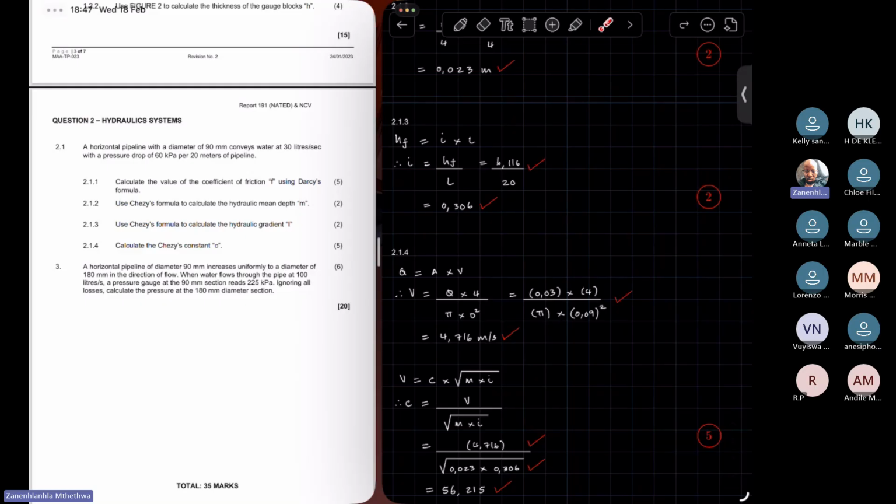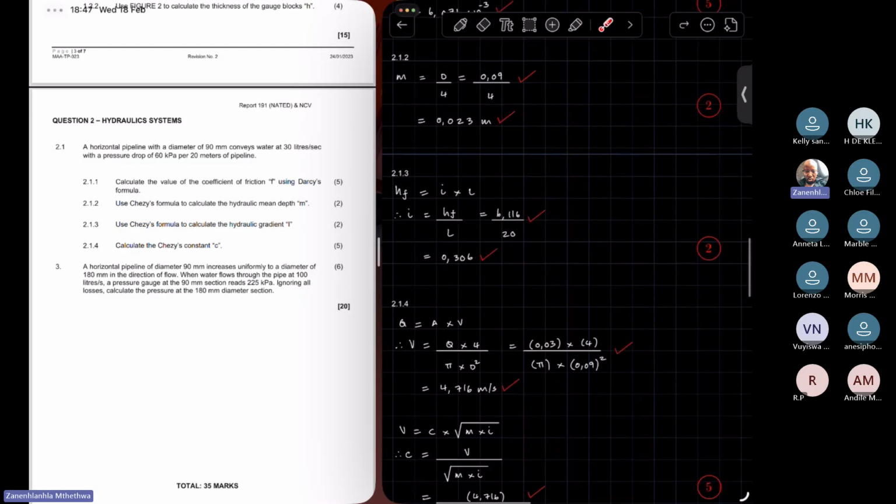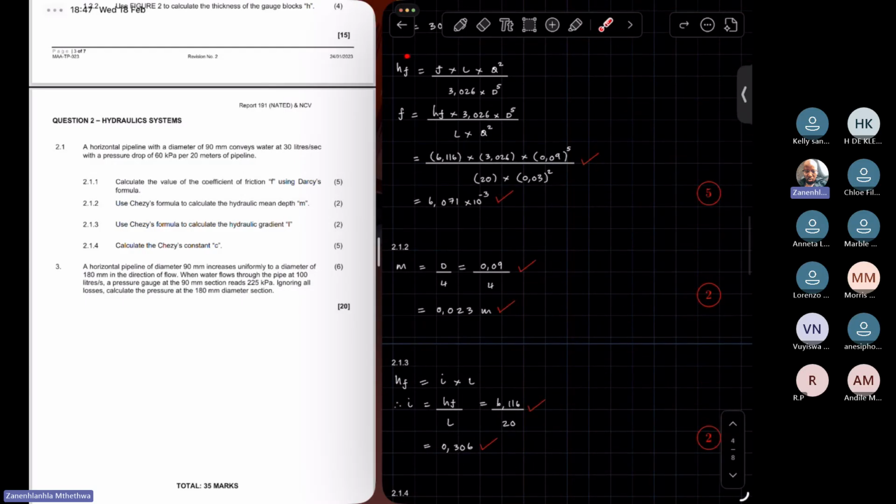Remember at this point, in having to understand how to use Darcy's and Chezy's formula, one thing is clear: in having to calculate the frictional head loss, HF, whether you use Darcy's formula or Chezy's formula, you should get more or less the same thing.